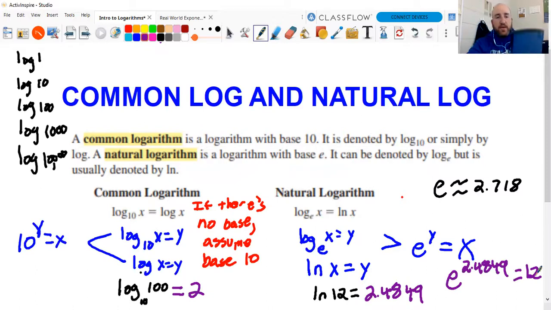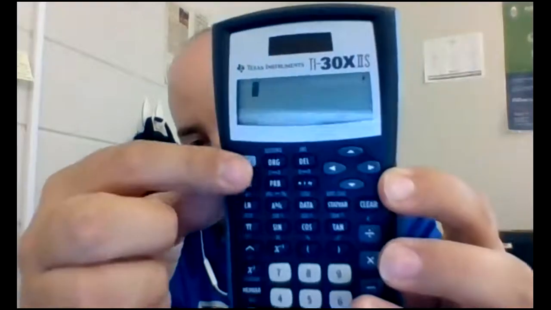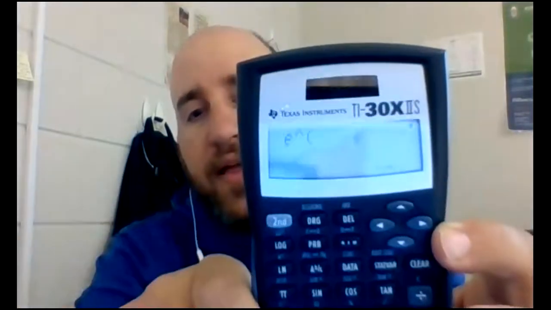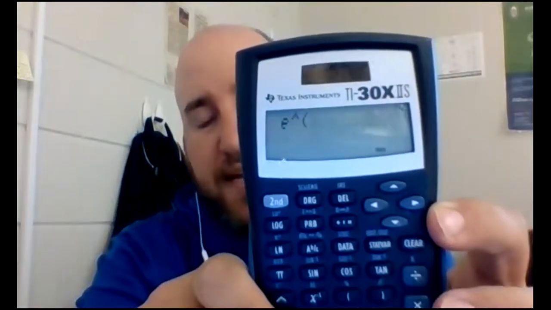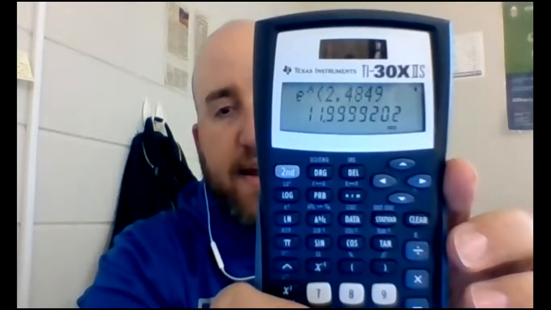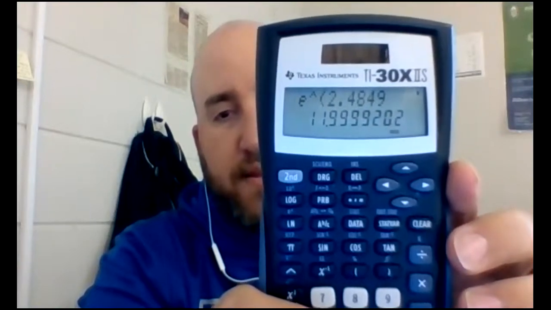We talked about how to find e with continuous compounding, so I'll do it again. This is just a check, guys, but here you would hit second ln and it would pop up. There's an actual separate button on the iPhone calculator. So e to the 2.4849 power equals 11.9999202. I think we can round that up to 12.